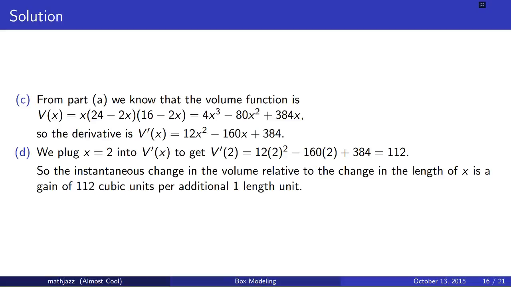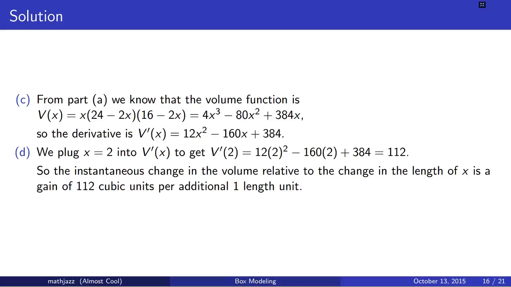Eventually we get a very tall but narrow box, and it can't hold as much anymore. There should be some point in the middle where we have a maximum volume for our box. But at x equals 2, it's still increasing volume when we increase x.